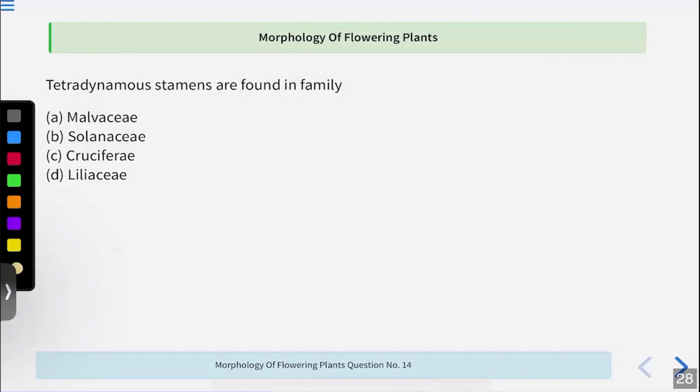Tetradynamous stamen means four. Like there are six stamens. It looks something like this. This is the ovary.